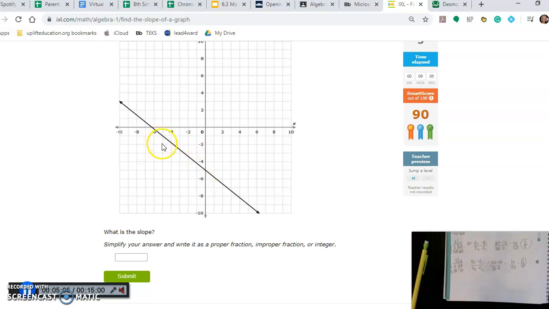So I'd go down 1, 2, 3, 4, 5. 1, 2, 3, 4, 5. So down 5 to the right 5 is negative 5 over 5, which is negative 1.